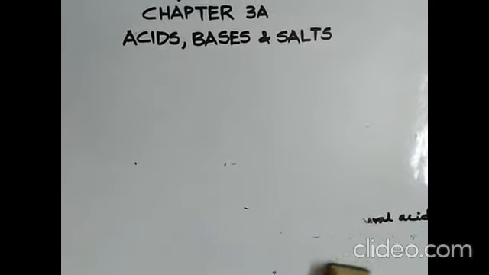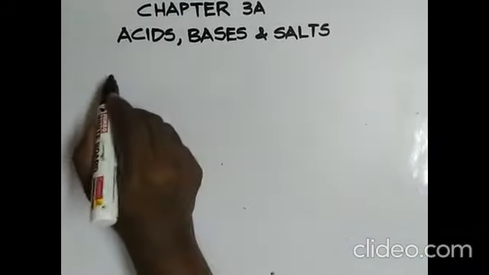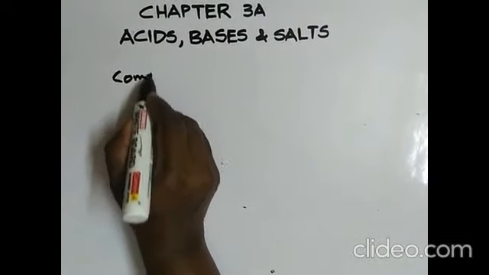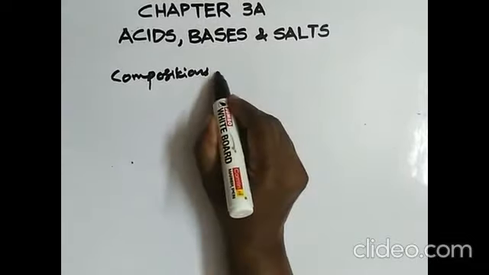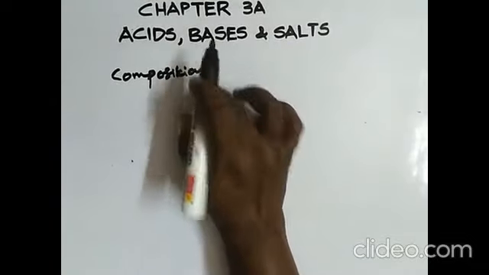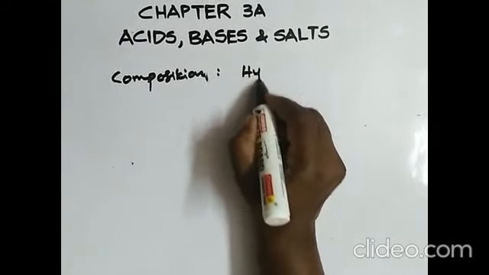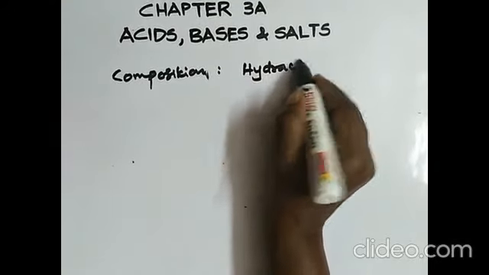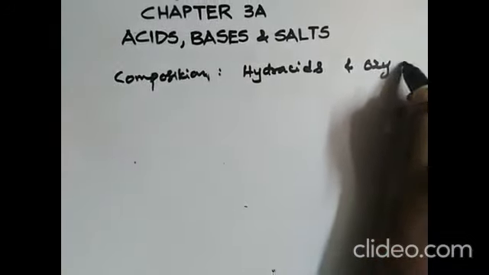The next is based on its composition. Composition is the elements present in an acid. Based on the composition, acids are classified into hydracids and oxyacids.